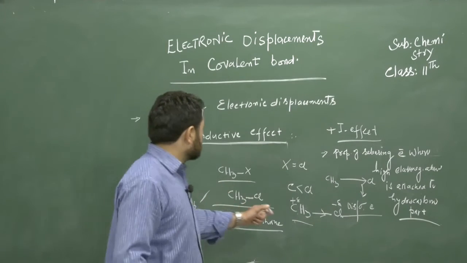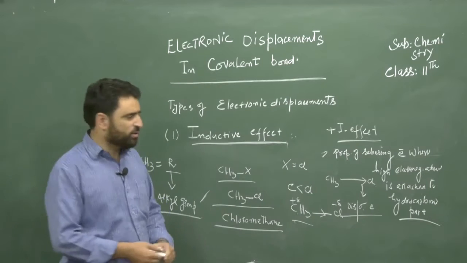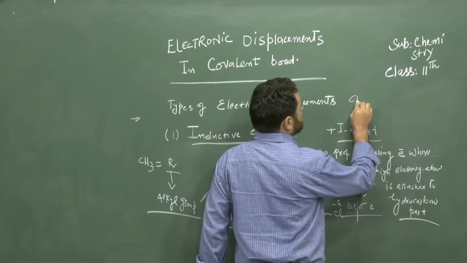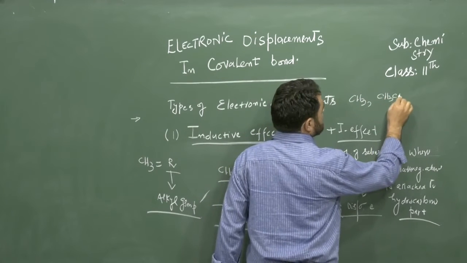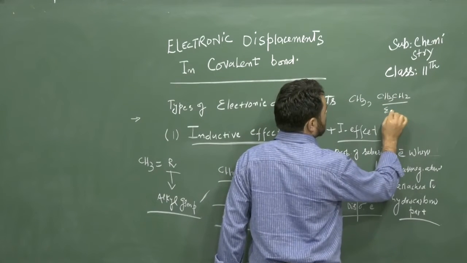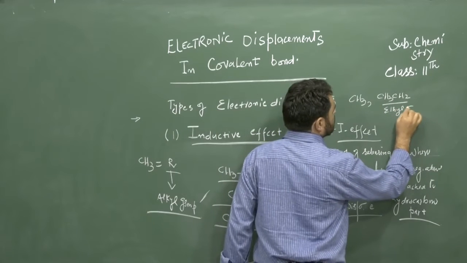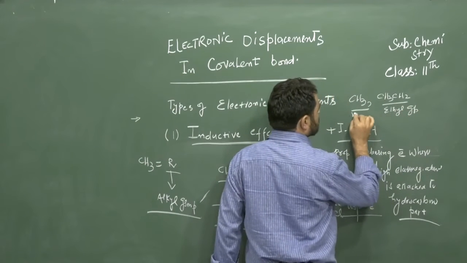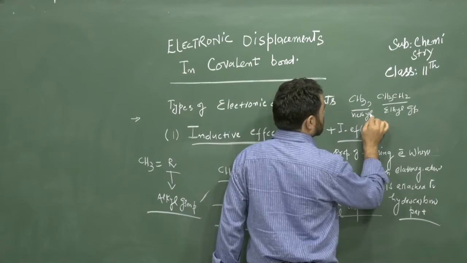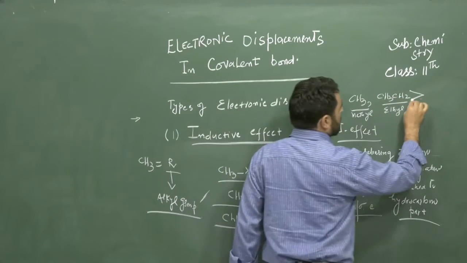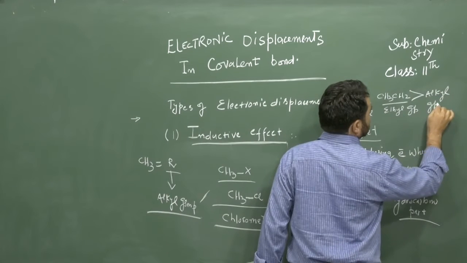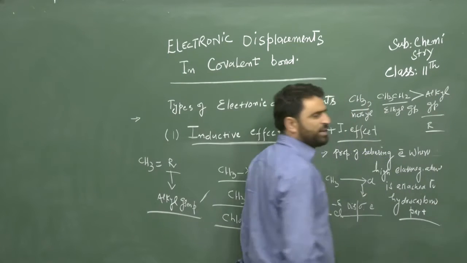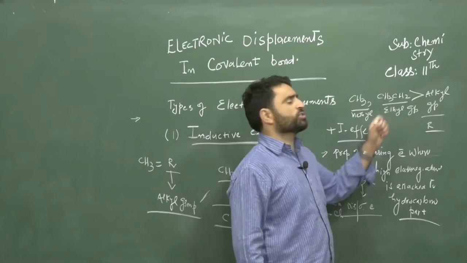So CH3 is the methyl group, CH3CH2 is the ethyl group, likewise propyl, butyl, these are all alkyl groups, and they are represented by R. R can be anything, it can be CH3, it can be CH3CH2.